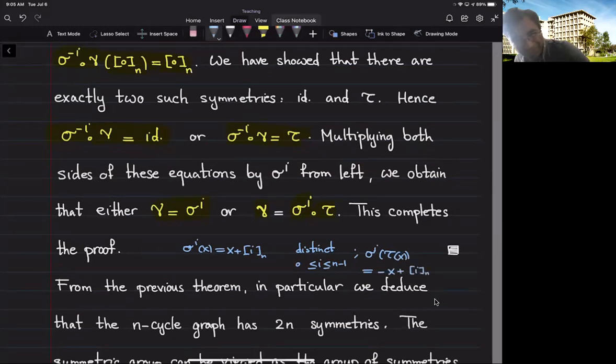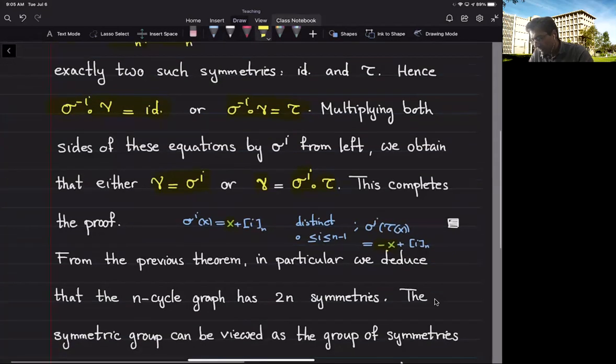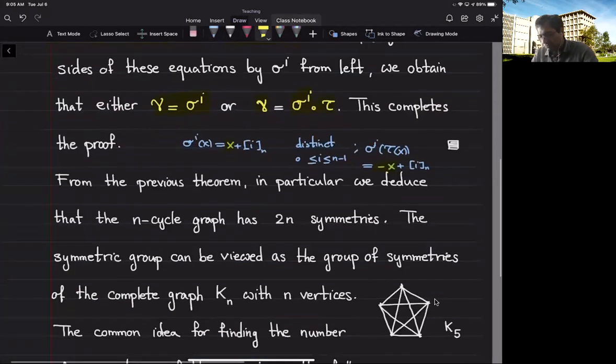And of course, these are all distinct as well, unless n is 2. But if n is at least 3, then negative x is different from x, and therefore all of these are different symmetries. So from this, we deduce that the n-cycle graph has exactly 2n symmetries.